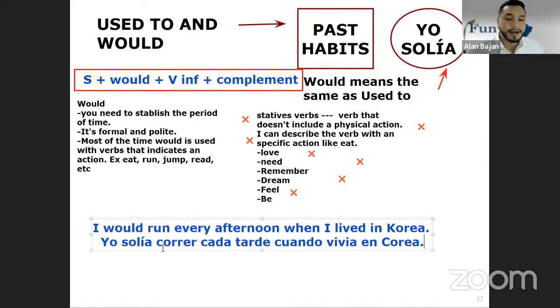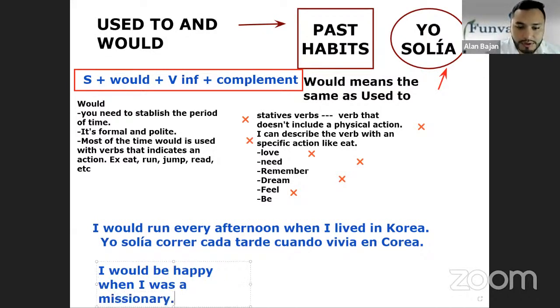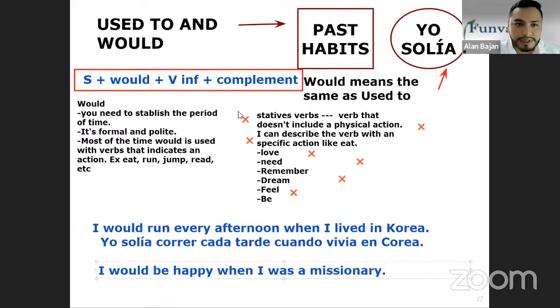What is a repetitive action? A habit. Una acción repetitiva es un hábito. But I cannot say I would be happy when I was a missionary. ¿Por qué no puedo decir esto? Porque esto no es cierto. Usted había días que estaba triste, ¿no?